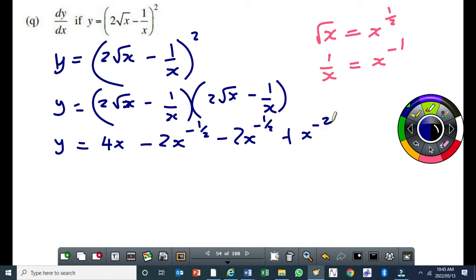Now, a question like this in an examination is worth 4 marks. The first mark will be allocated for this expression: if I simplify, I'll get 4x minus 4x to the power of minus a half plus x to the power of minus 2. So 1 mark is allocated for removing brackets to get this expression.